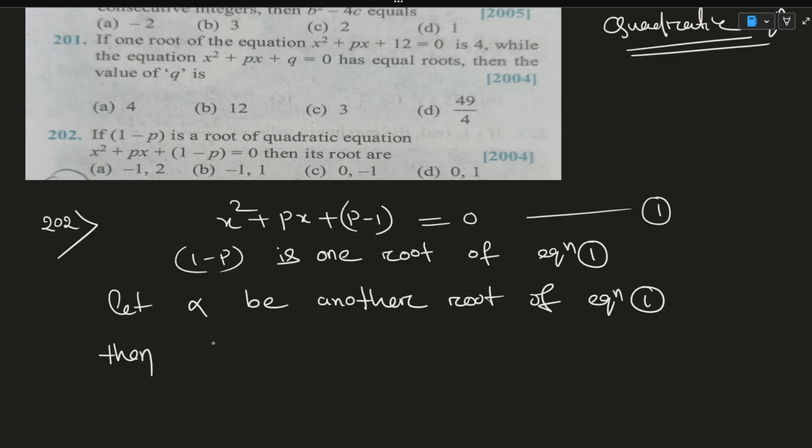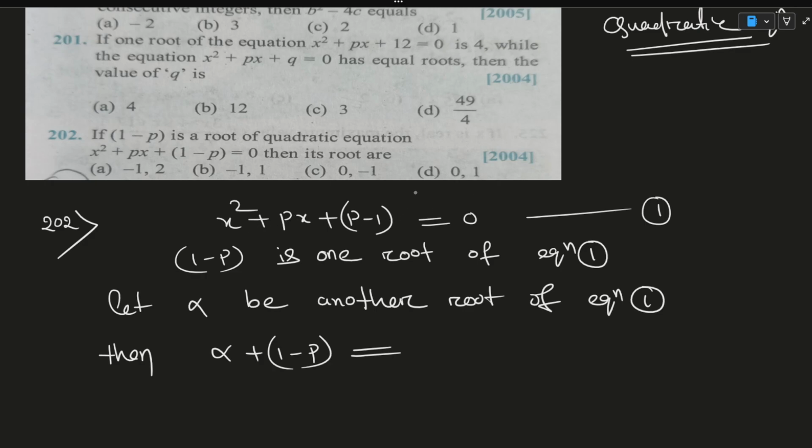Then we know the sum of two roots, that is alpha plus 1 minus p, is equal to what? It is minus b by a. So here b is p and a is 1.